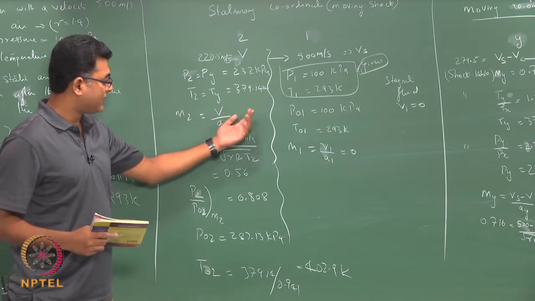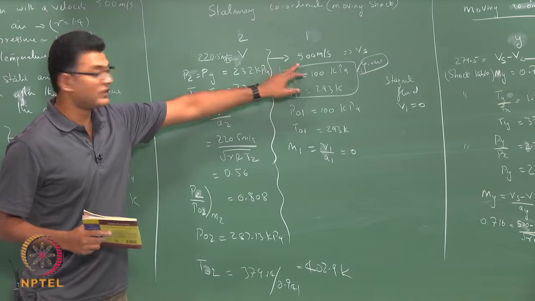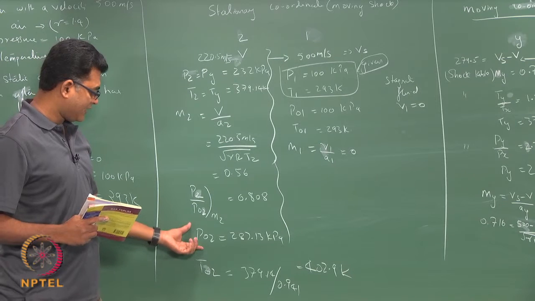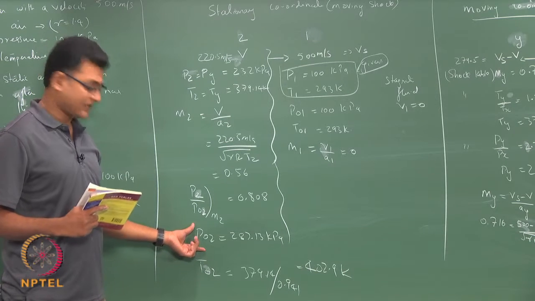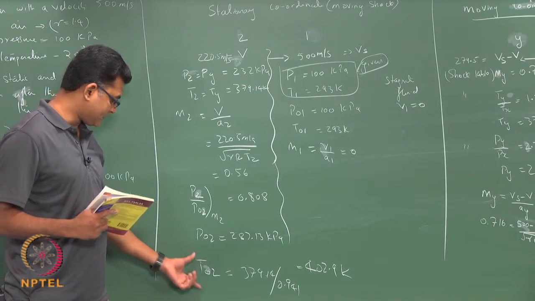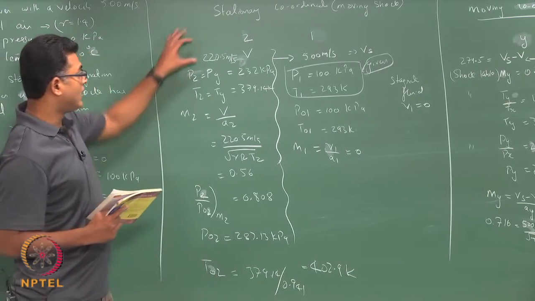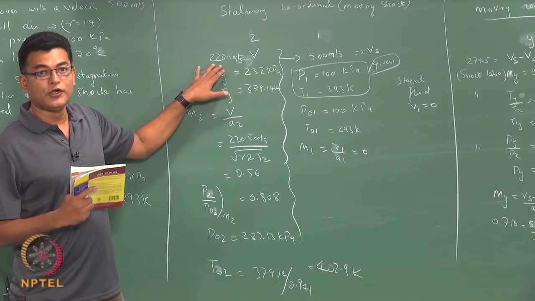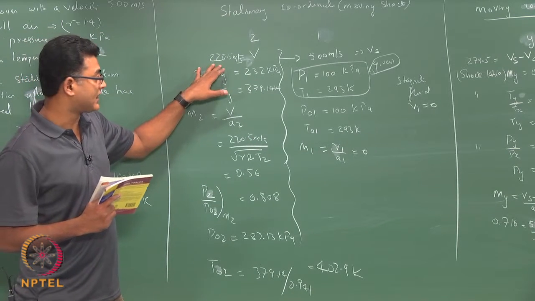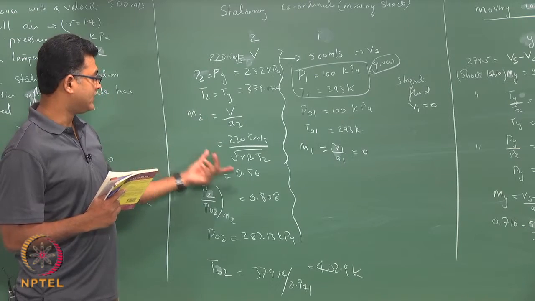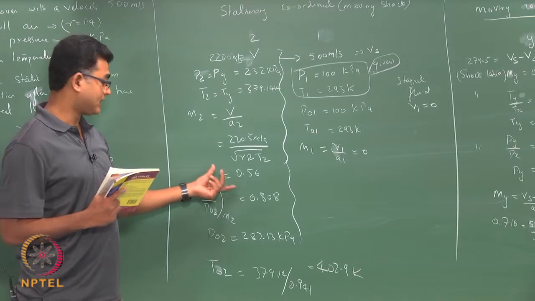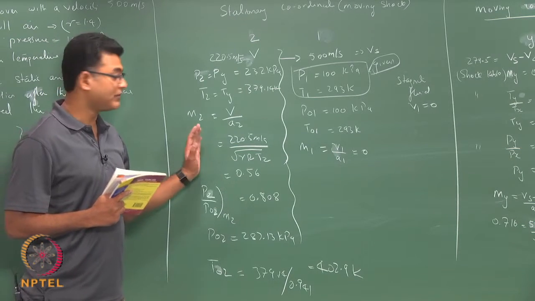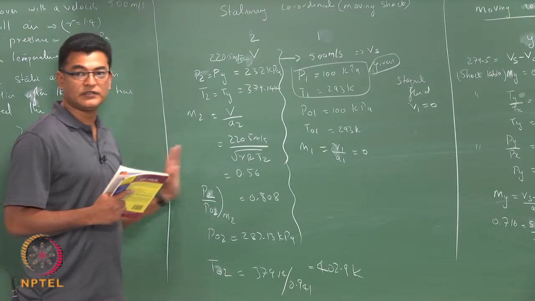So if the shock is moving with a velocity 500 meters per second, I am going to increase my stagnation pressure by this much, stagnation temperature by this much, and my fluid, which is at 0 velocity here, gains a velocity of 220 meters per second, by which the Mach number is also different. Mach number has changed from 0 to 0.56. Okay. So the shock wave brings this much change in your fluid.